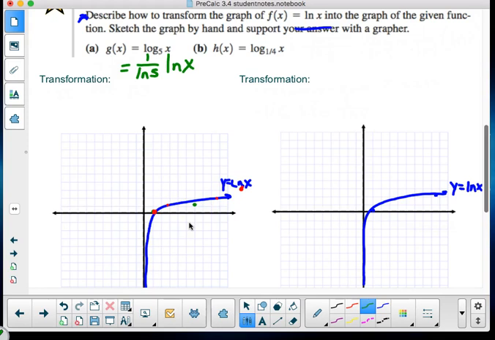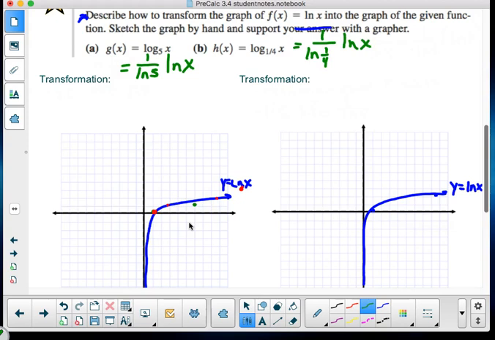Are you okay with the rewrite? Yes or no? Matter of fact, while we're busy, I'm going to talk about the natural log here. This would be the natural log of 1/4 times the natural log of x.